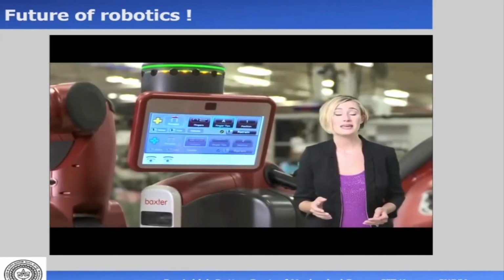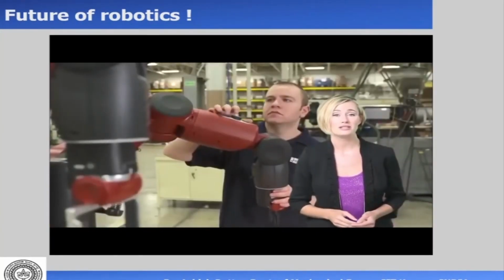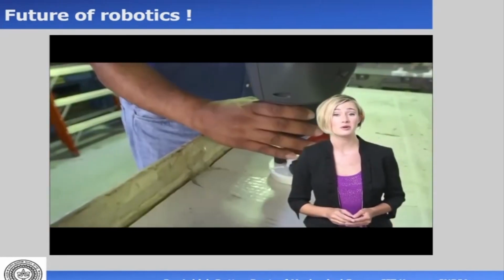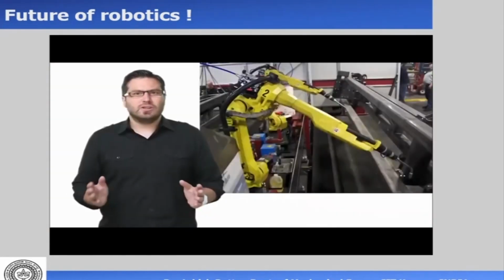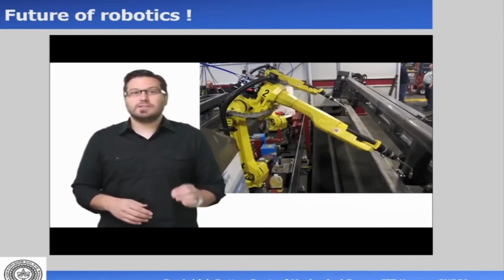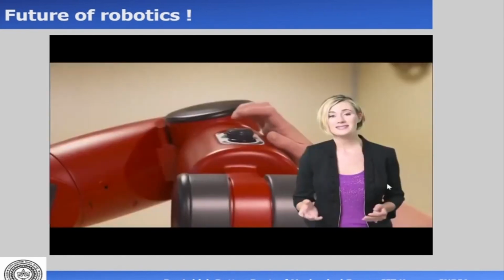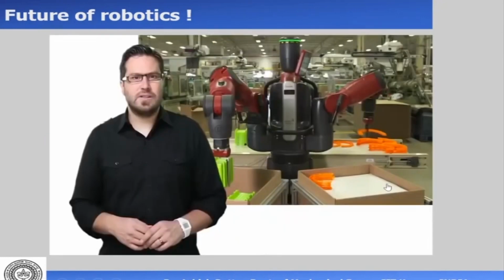Okay. So this is a very simple way of programming where the person holds the robot, moves it around, and it can learn what task is required for the robot to do. So this is the direction in which robotics is going. Design safe robots, do safe programming, and enable robot-human interaction.